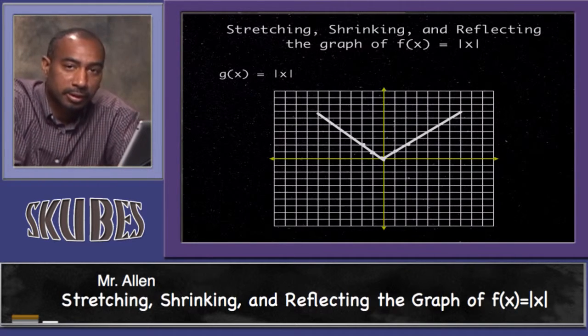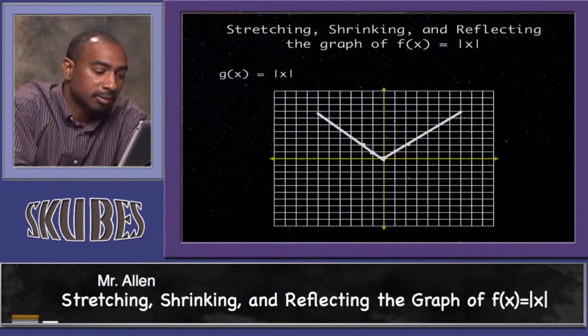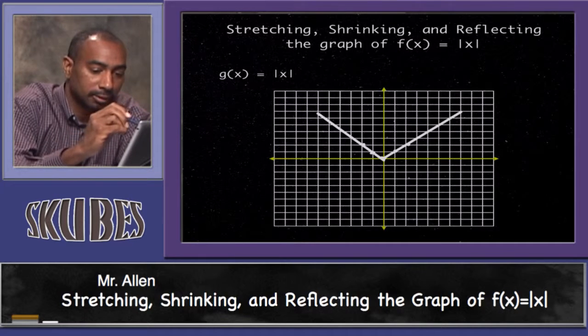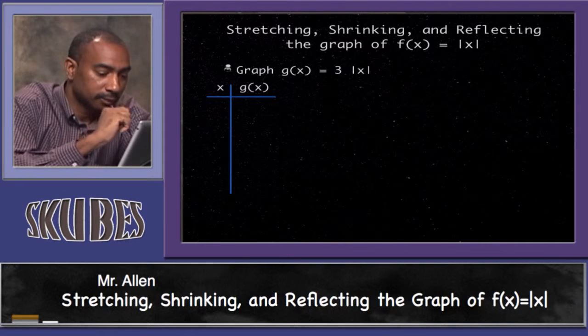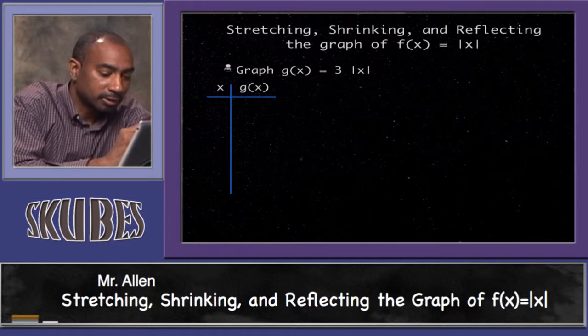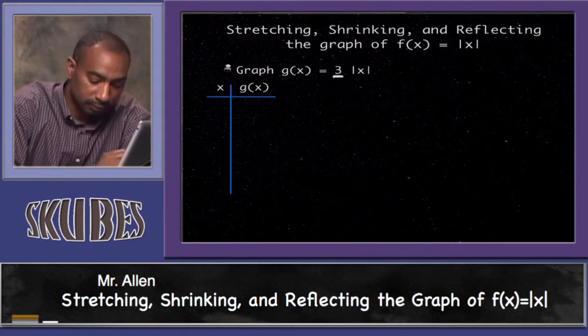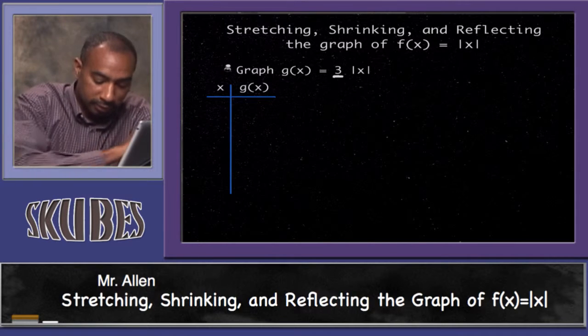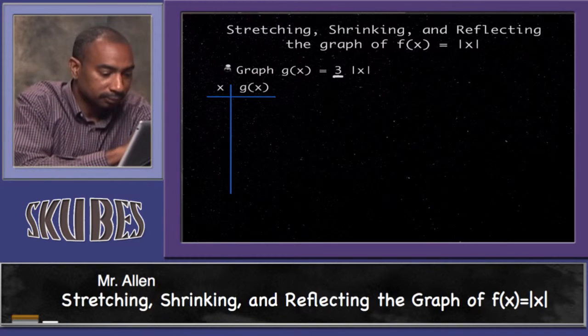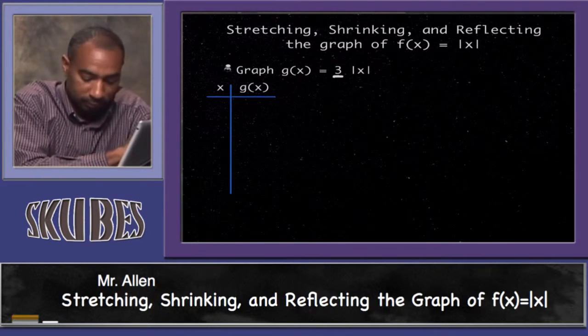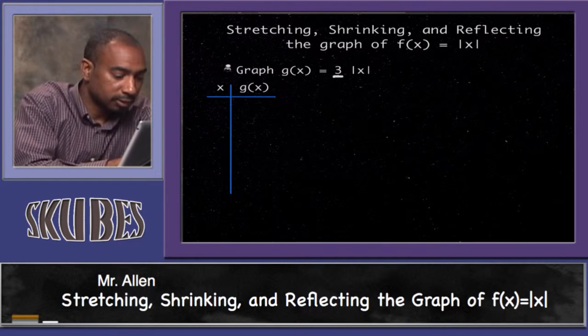Let's see what happens when the constant changes. When the constant's not 1, let's see what happens. For example, now we have a constant of 3. Say I try 2 again.